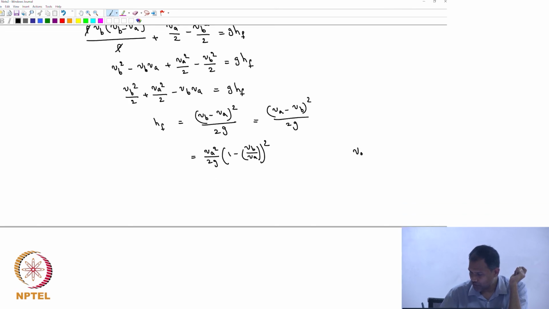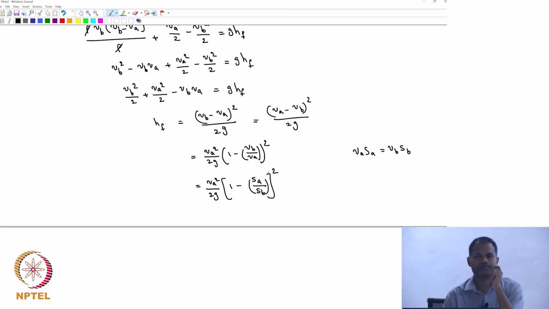But we do know that VA SA is equal to VB SB. So therefore, VA square by 2G into 1 minus SA by SB, whole square. So what would be our loss coefficient therefore?